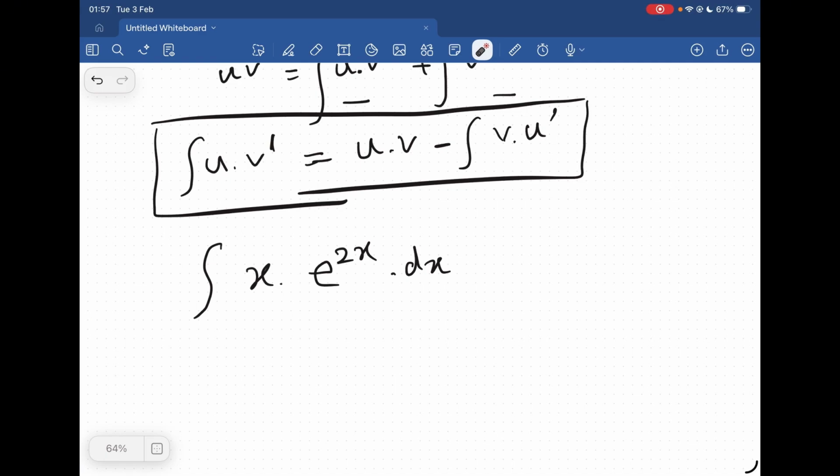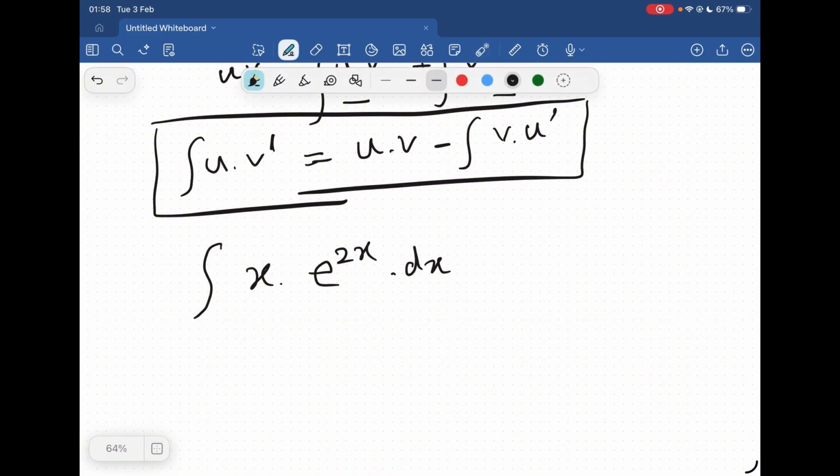But with integration, you have to find out the pattern. So for whichever part you have to integrate, let's say this is v prime. If you choose this as v prime, then you should be able to integrate it. You find out which is easier to integrate and which is easier to differentiate, and based on that, you choose u and v.